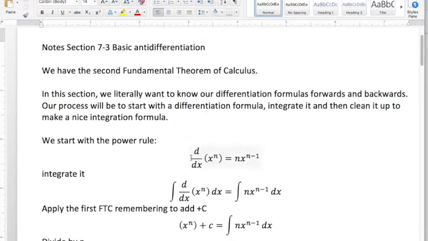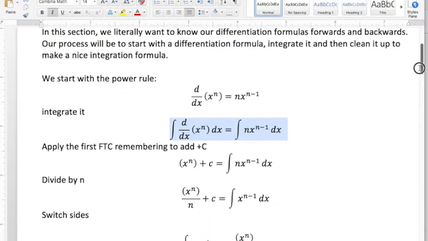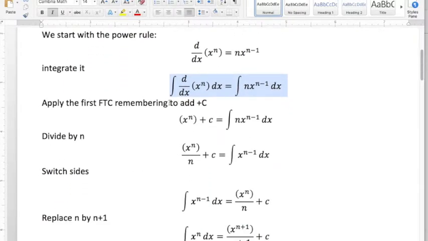So we'll start with the power rule for derivatives. The derivative of x to the n is n times x to the n minus 1. We're going to integrate both sides of that. Now we'll use the first version of the fundamental theorem of calculus, which says the derivative of the integral, or the integral of the derivative, gets me back to where I started plus c.